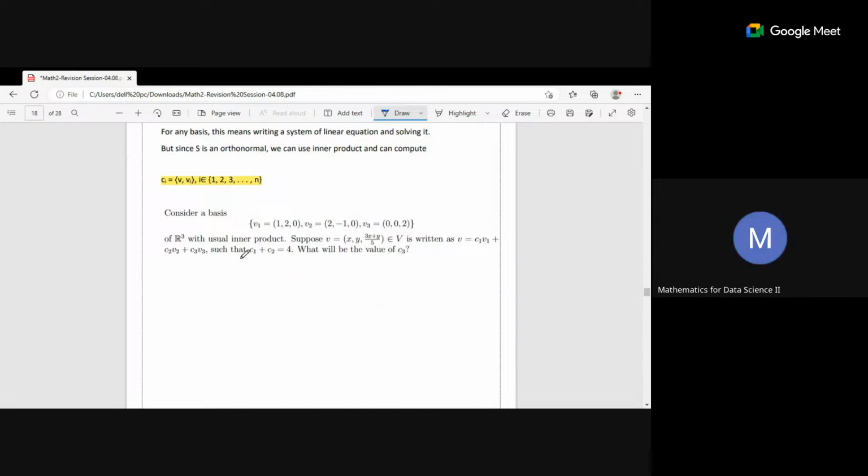Inner product V1 comma V2 is 0, V2 comma V3 is 0, and V1 comma V3 is 0. It means this forms an orthogonal set. If this forms an orthogonal set, then what can you say about the inner product of V comma Vi? You can see that V is C1 V1 plus C2 V2 plus C3 V3 with an orthogonal basis.